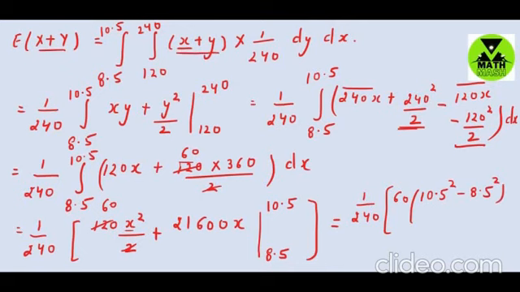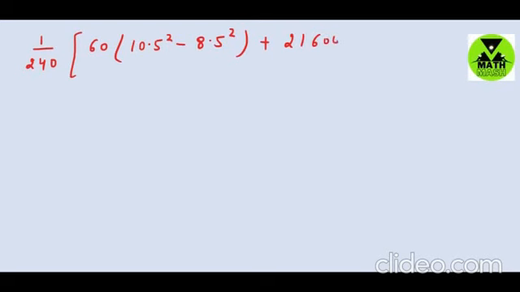From here again we can apply the formula, and for the second term we can take the common 21600, and 10.5 minus 8.5 is simply 2. Now if we solve this, we'll take the next page. So this is equal to 1 by 240, then we have 60, then 10.5 square minus 8.5 square, then plus 21600 multiplied by 2. So this is the final.